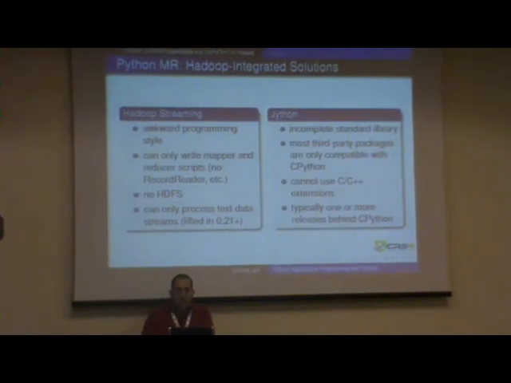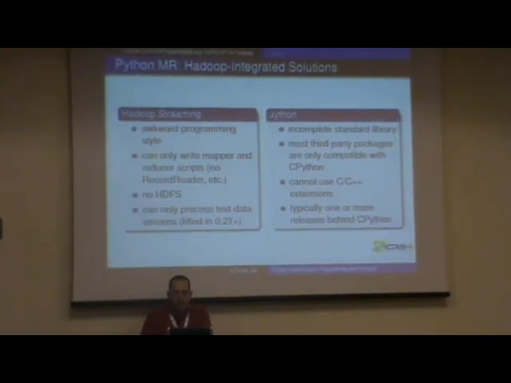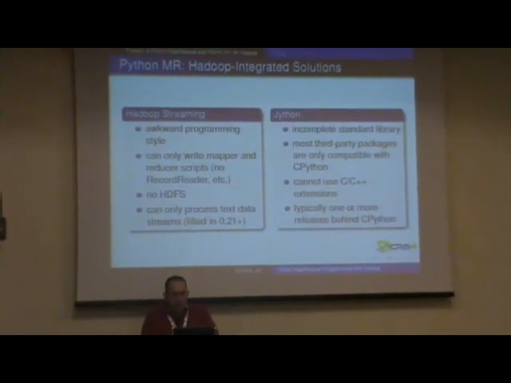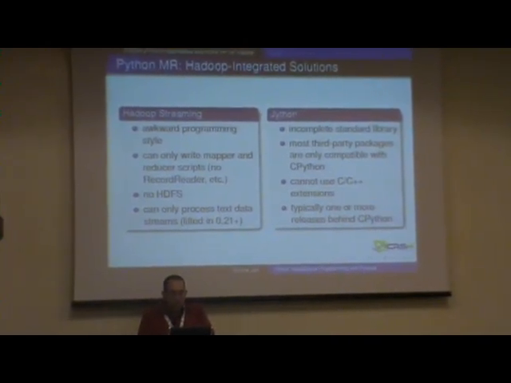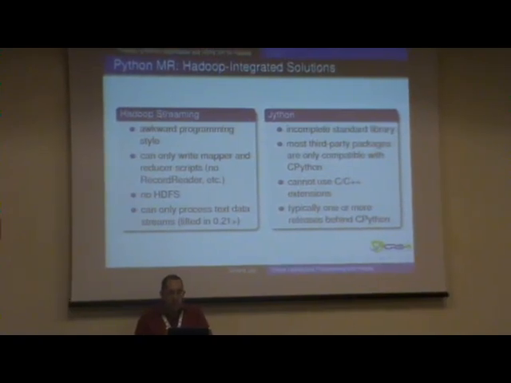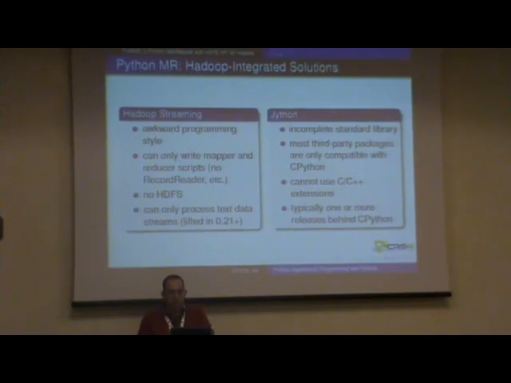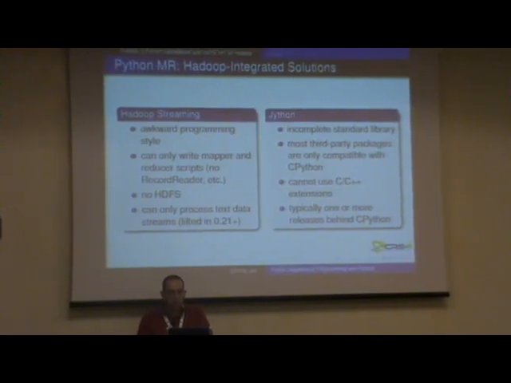Okay, first of all, there are the two solutions which are integrated into Hadoop: streaming and Jython. With streaming, we've already seen how to write a program. It's an awkward programming style. You can only write the mapper and reducer; there is no way to write the record readers, partitioners, and all additional components.